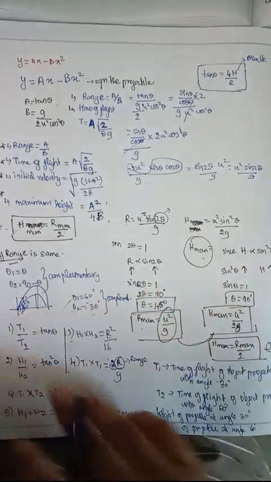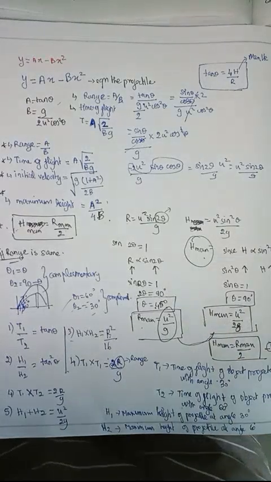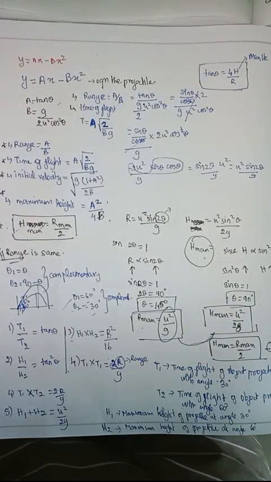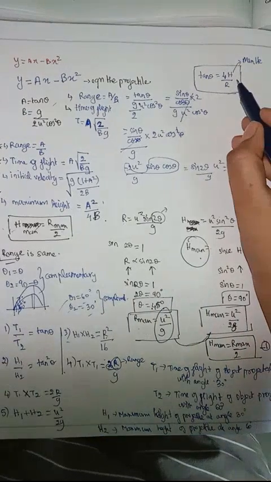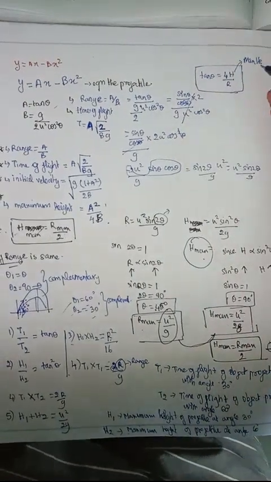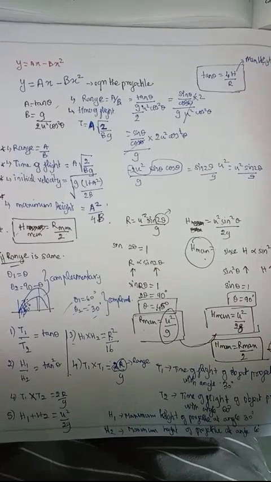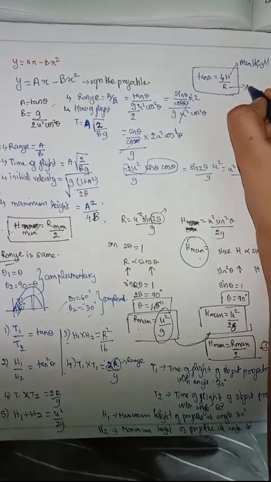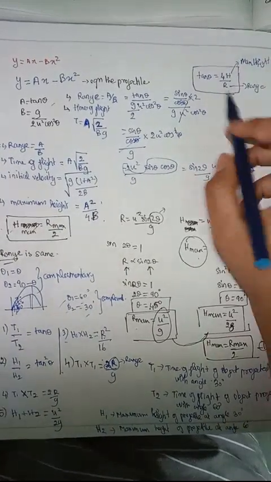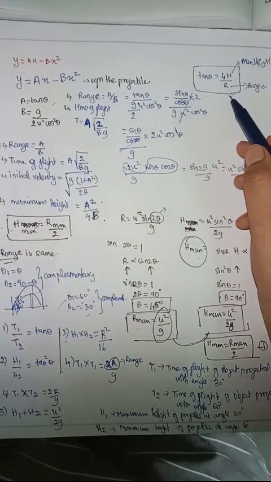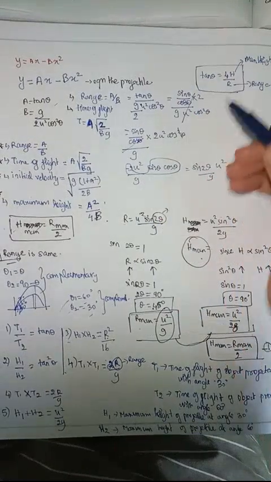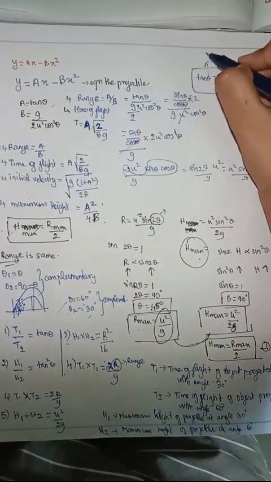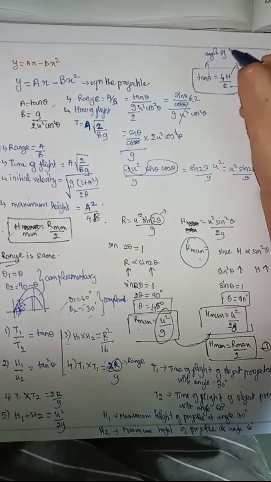As I said before, the maximum value of maximum height is u square by 2g, and h is the maximum height. Here R represents the range. The relation between range and maximum height in terms of angle of projection, if they ask, we can take this relation. This is the angle of projection.